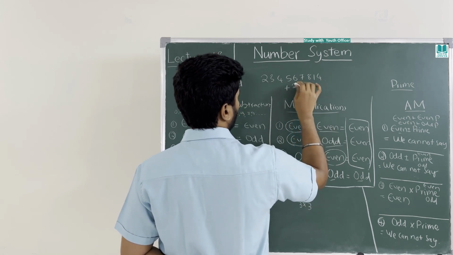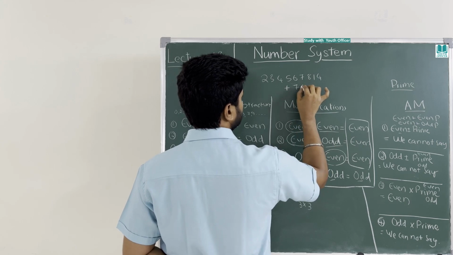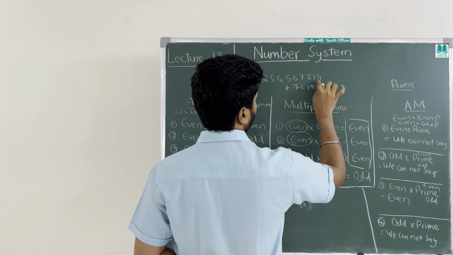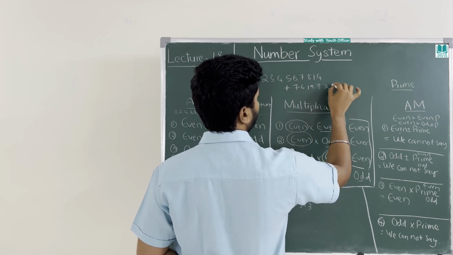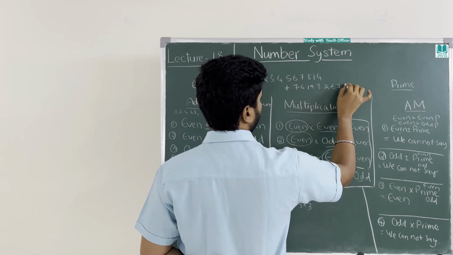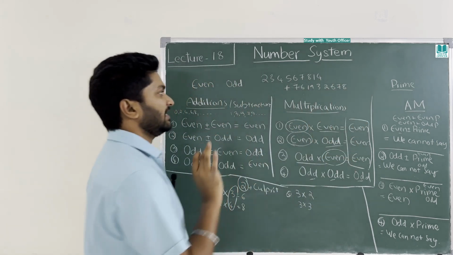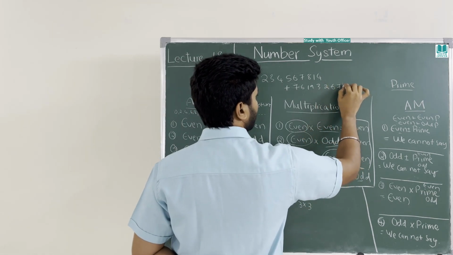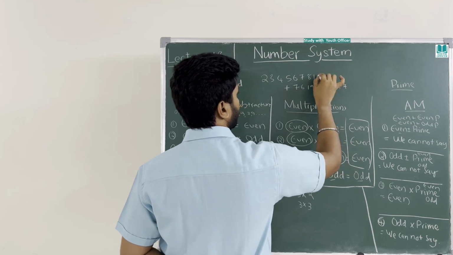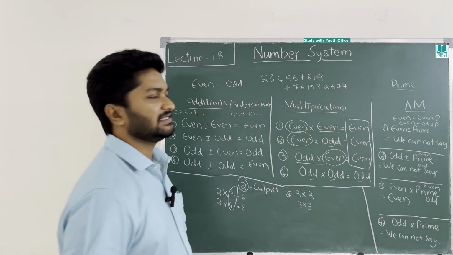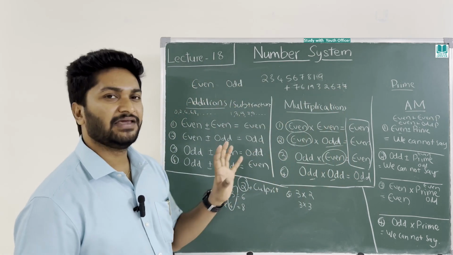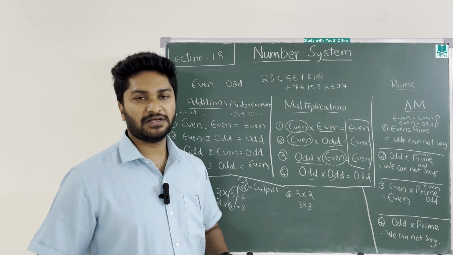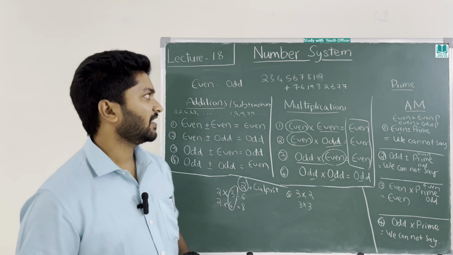They will give some numbers like this, and here we will take some more. They will ask you to add. They will give you options. If you sit and keep adding all these numbers, you will waste your time.